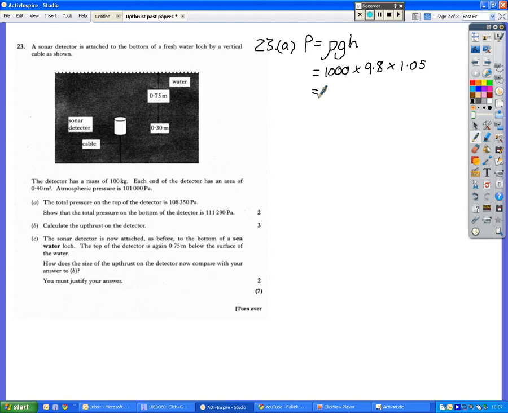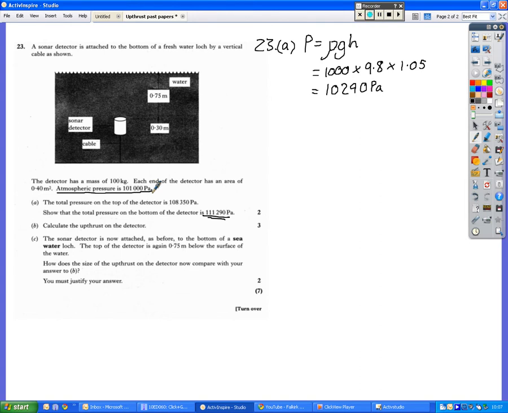If you calculate all that out, you'll get 10,290 pascals. But you'll notice that that's not the answer you're looking for. You've got to add in another element of pressure, because it says here atmospheric pressure is 101,000 pascals.